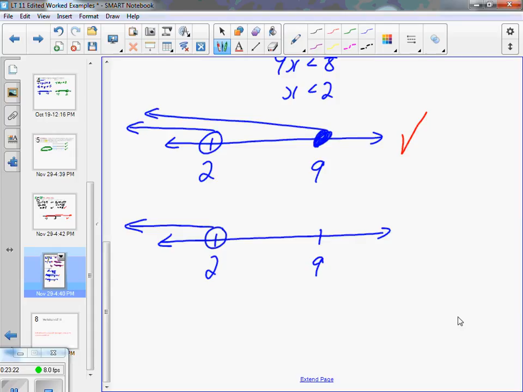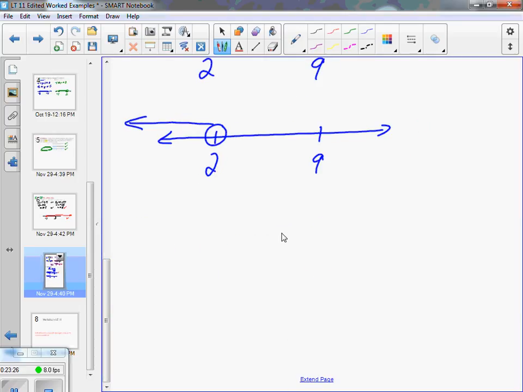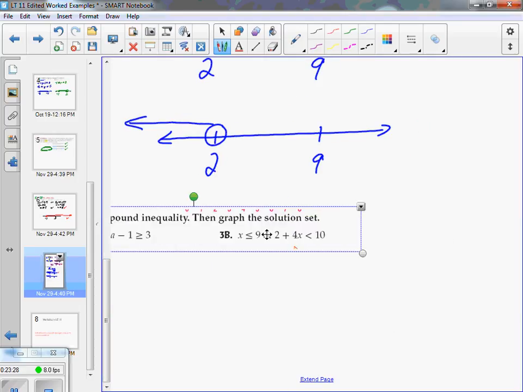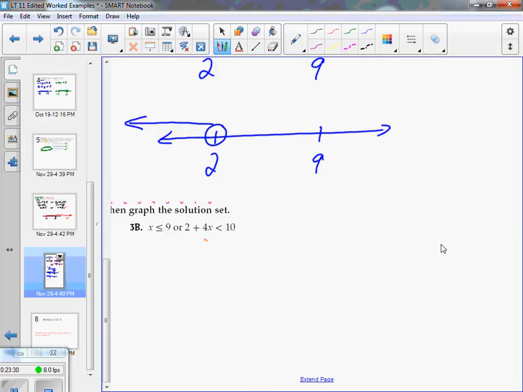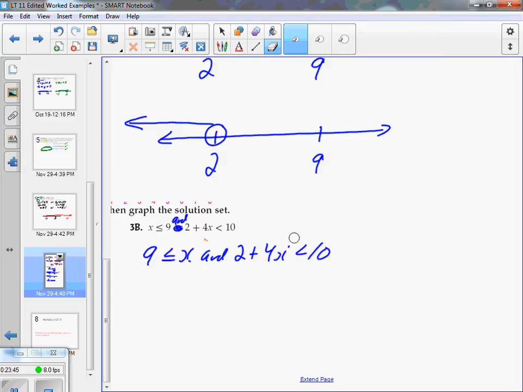Now, how would this have worked out if I had tried to write this as a single compound inequality? Again, I'm changing that to and. Okay? So I would do 9 is less than or equal to x, and 2 plus 4x is less than 10. And you see where I wouldn't be able to combine those into one compound inequality?